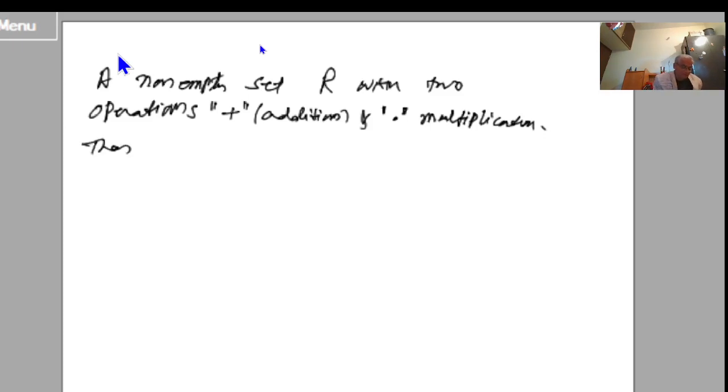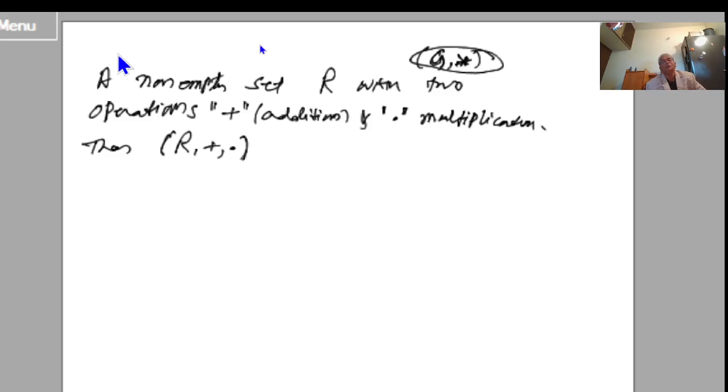Then the notation we write like this: R comma plus comma dot. And for a group, usually we write in pair form: G comma star, where star is the binary operation. So here we have two operations.